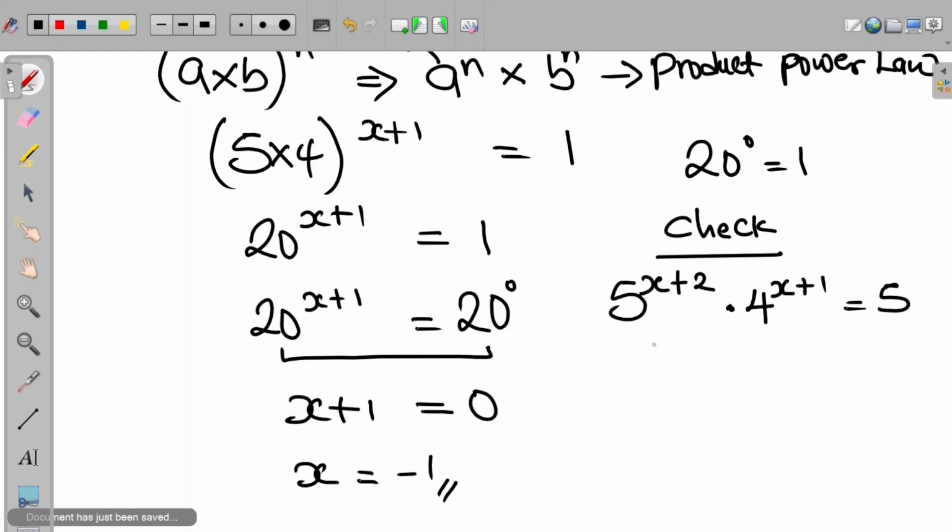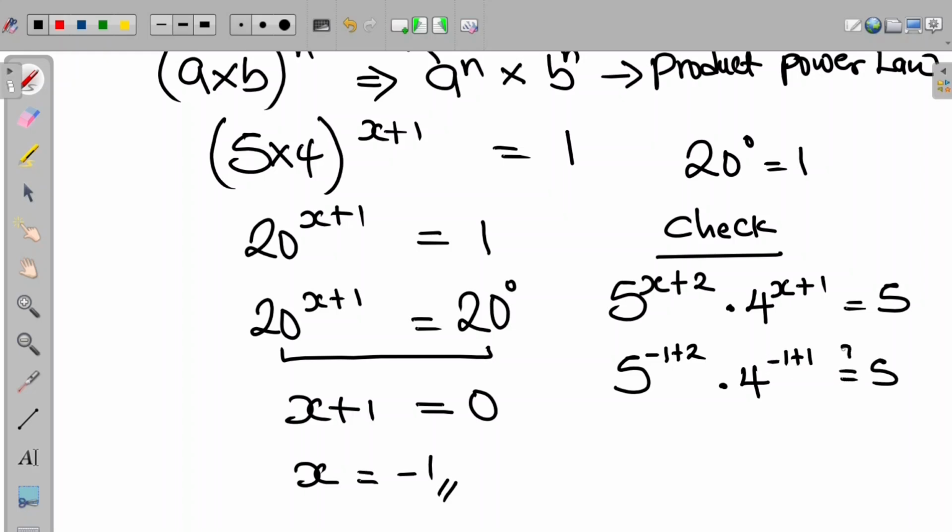So since x is negative 1, we have that 5 raised to the power of negative 1 plus 2 multiply by 4 raised to the power of negative 1 plus 1 equal to 5. So we want to check if x equal to negative 1 satisfies the equation.